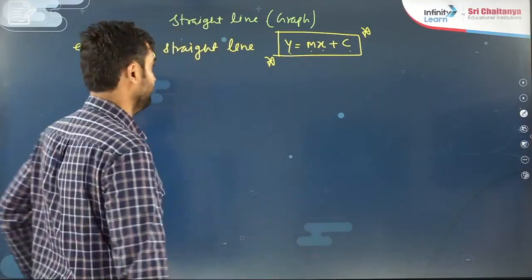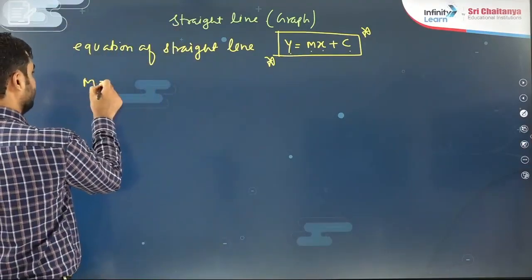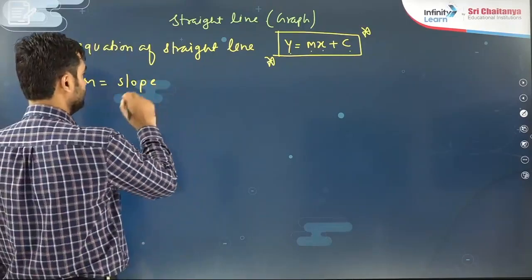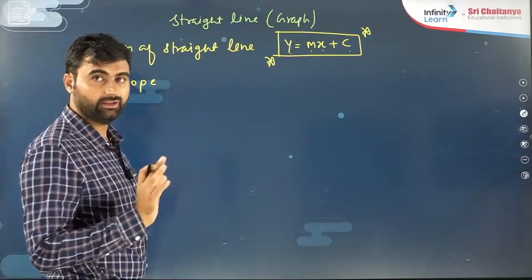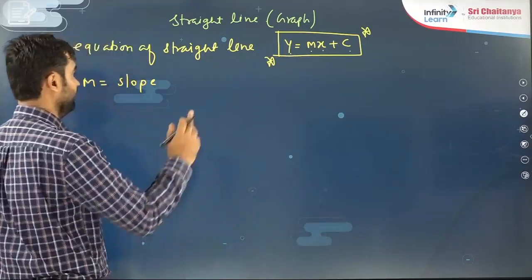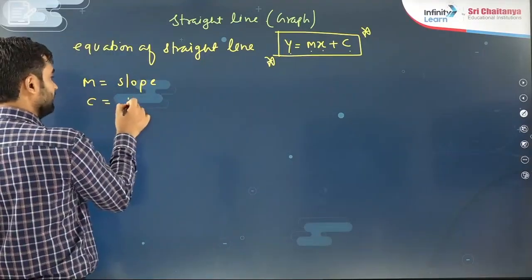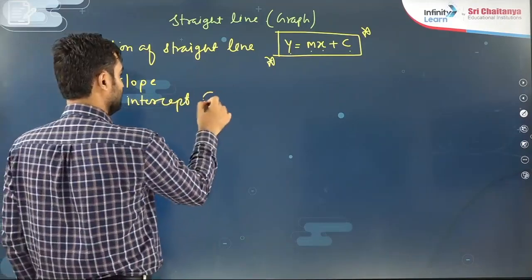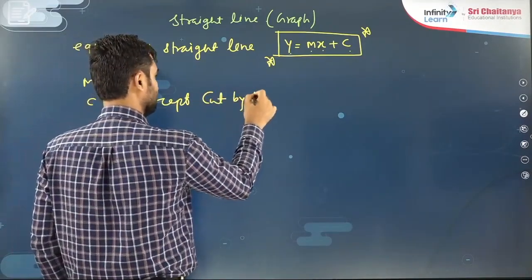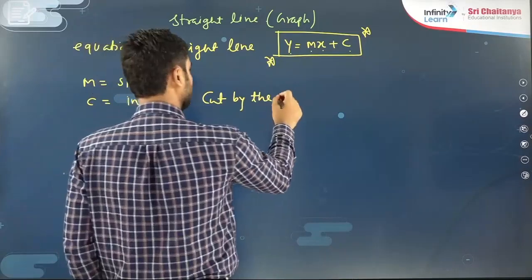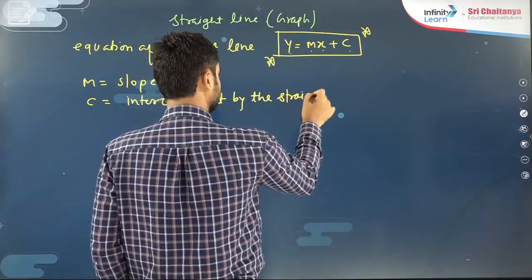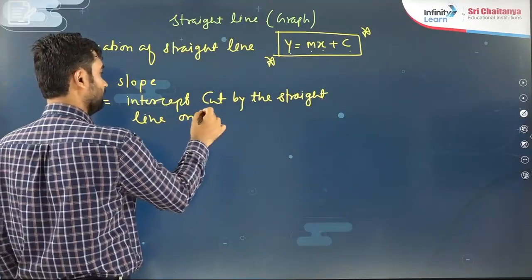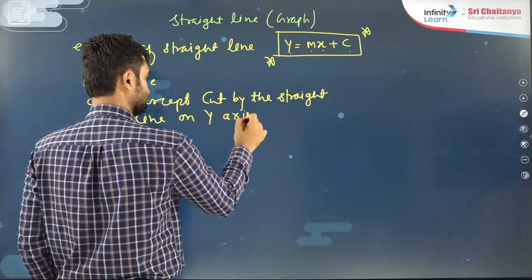To understand what is m and what is c: m is the slope of the straight line. What is slope? We will understand it. And what is c? C is the intercept cut by the straight line on y-axis.